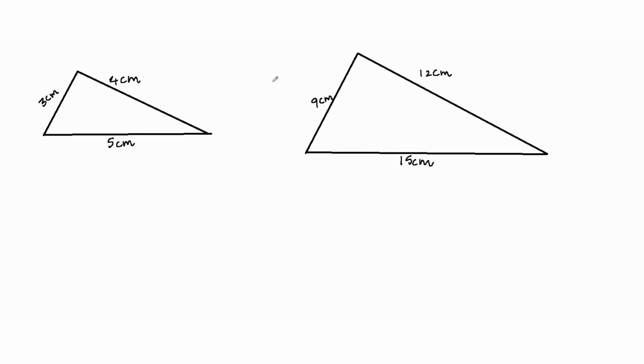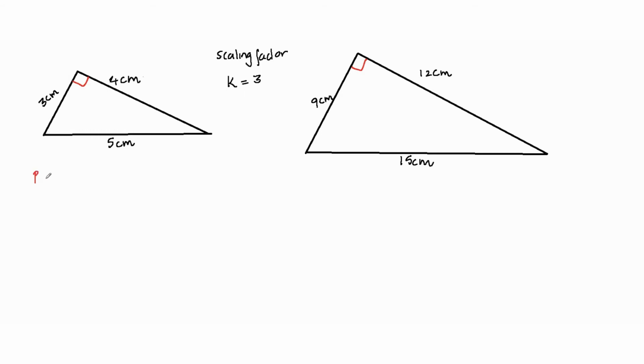So 3 centimeters has become 9 centimeters, 4 centimeters has become 12 centimeters, and 5 centimeters has become 15 centimeters, right? So the scaling factor K is equal to 3. Now it's easy to notice that these are indeed right angle triangles because these are very well known Pythagorean triplets.